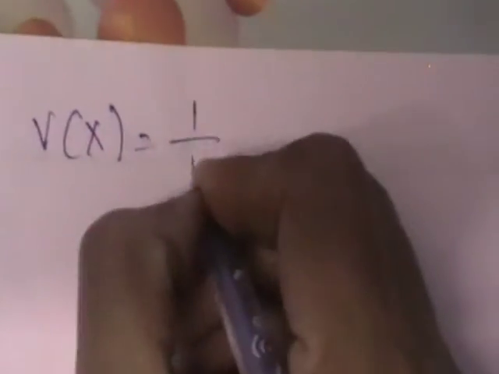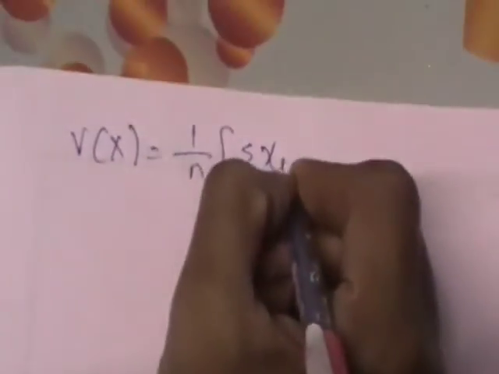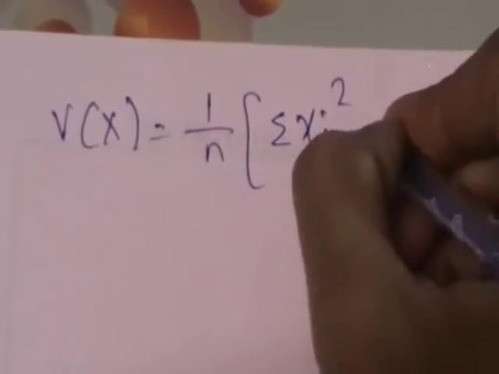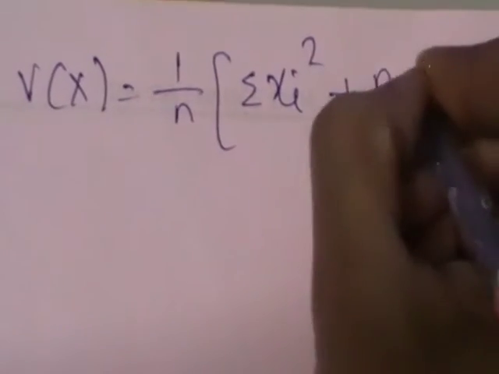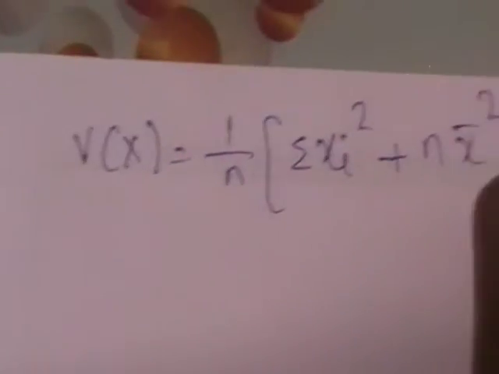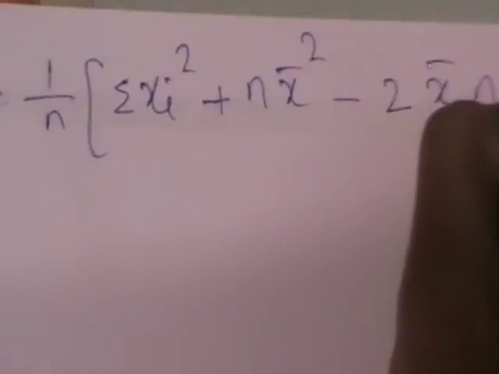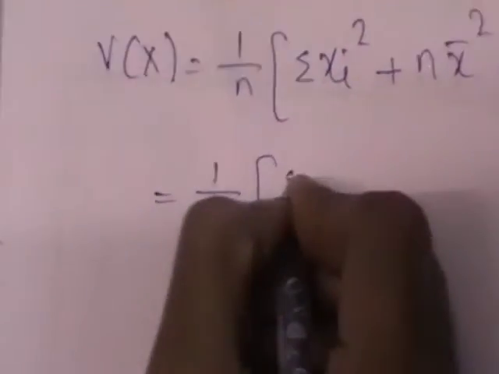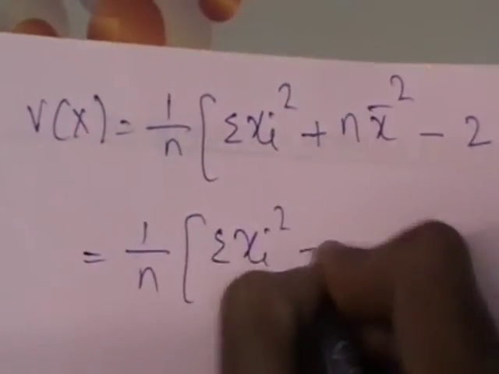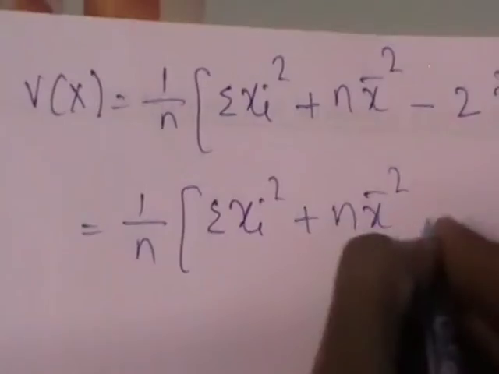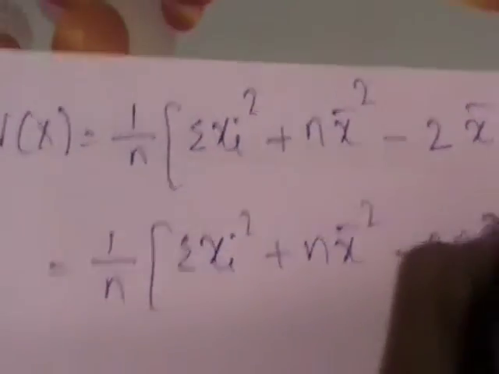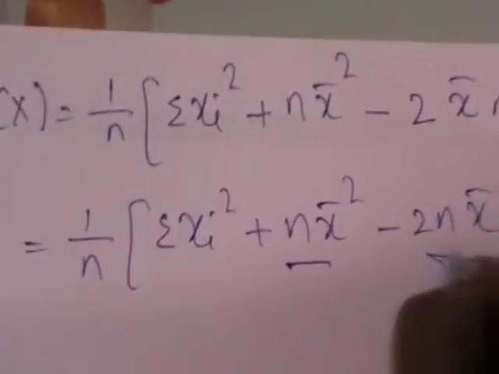Variance of x is equal to 1 by n sigma xi square plus n into x bar square minus 2 x bar n into x bar. This is the previous step which we wrote: 1 by n sigma xi square plus n x bar square minus 2n x bar square. If you observe, these are like terms.